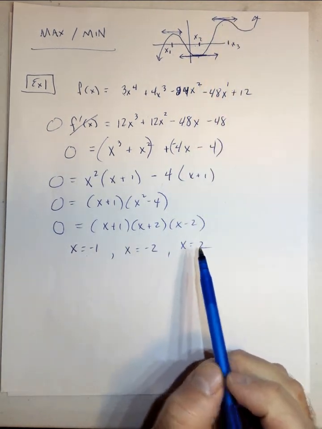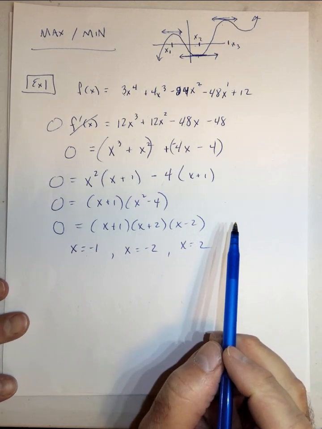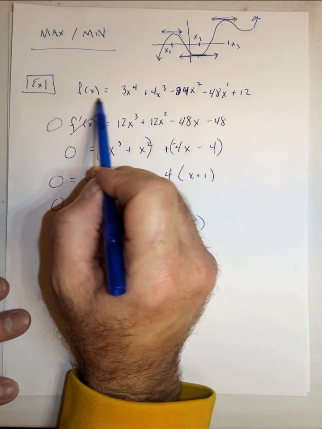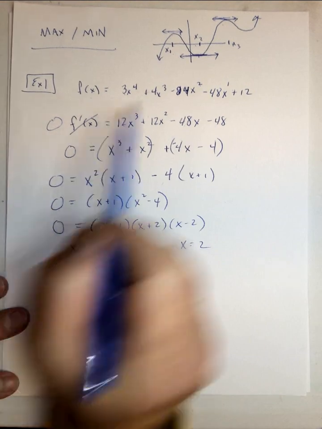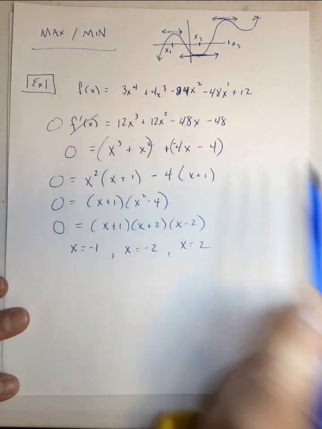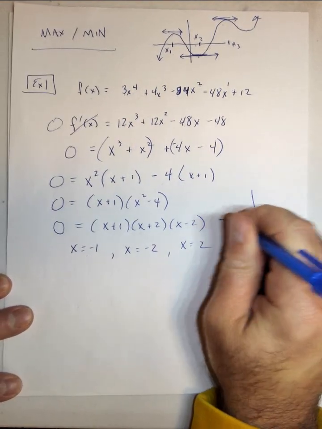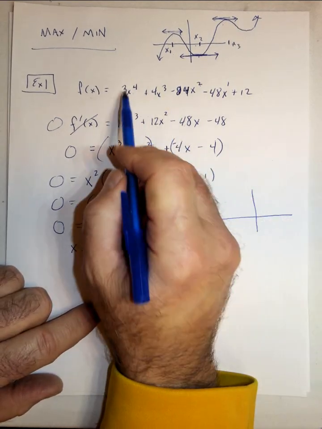So what we see now, if we're going to identify, and again, we've got to go back to our original function f, and this is a 4th degree function. So if we were to take a look at the graph, we know what the end behavior is.